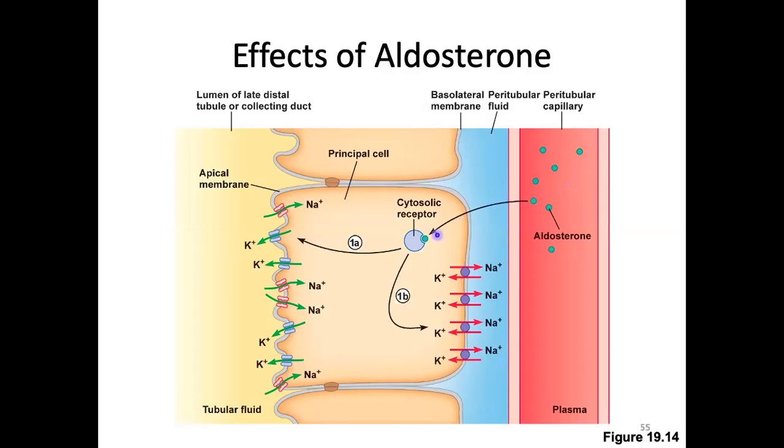Aldosterone is going to go into the cell, bind to a receptor, and cause you to increase sodium potassium pumps on this side of the membrane, and increase sodium and potassium ion channels on the apical membrane. So sodium is going to get pulled in faster and potassium is going to get kicked out faster as well. Really interesting. And keep in mind, this is a steroid hormone, so it can go right through that plasma membrane.